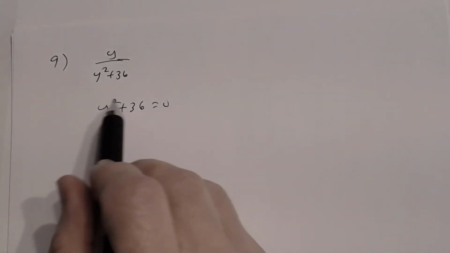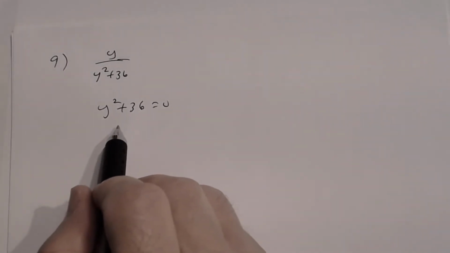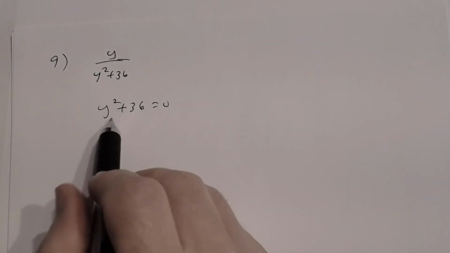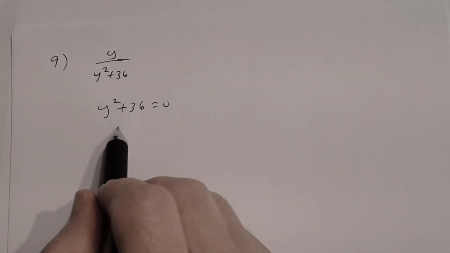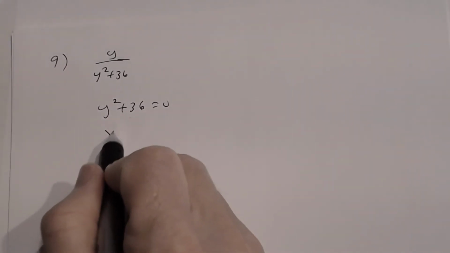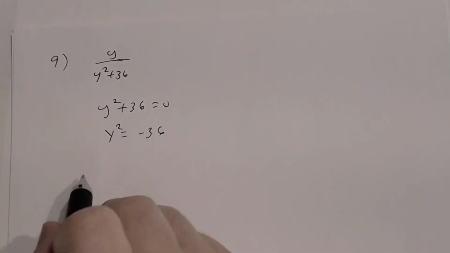But notice, if you look at y squared plus 36, isn't that the sum of two squares? And so remember, the sum of two squares cannot be factored. So you may say, well what do I do? When is this equal to 0? Well, look at it. Y squared plus 36 is never equal to 0. Because look, if I get y squared by itself, just to explain a little better, you get y squared equal to negative 36, right?